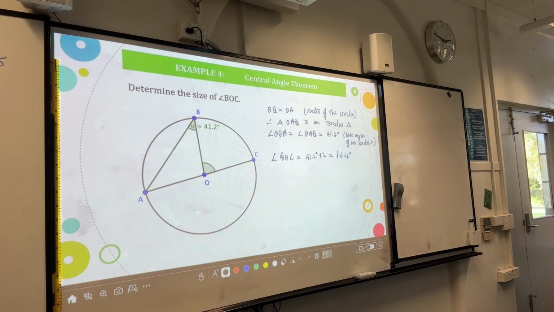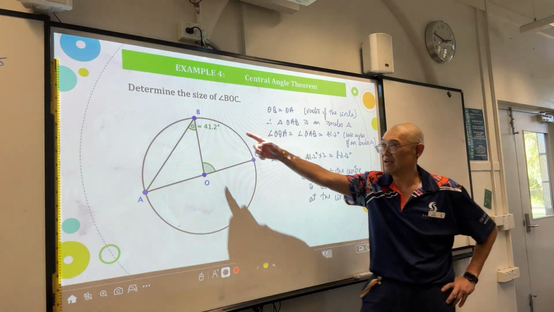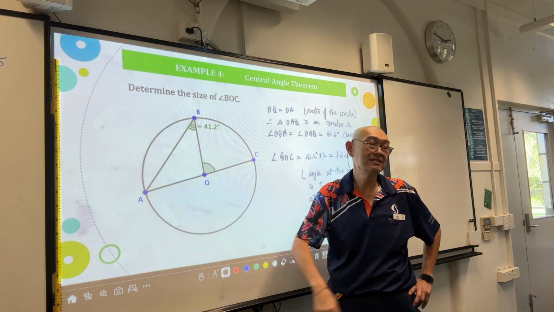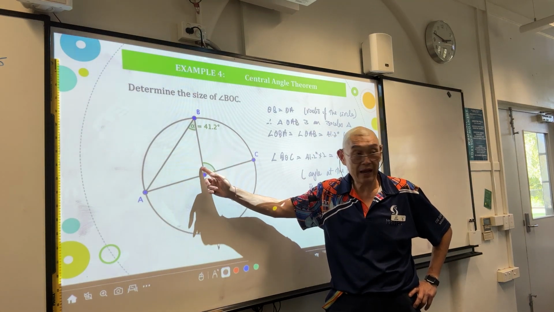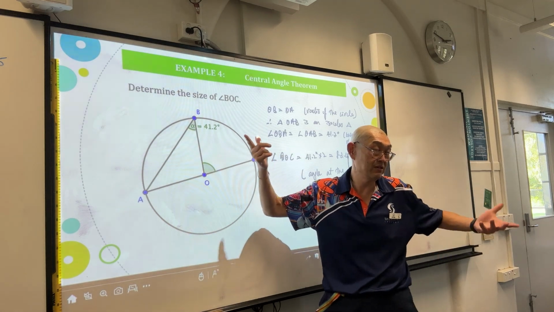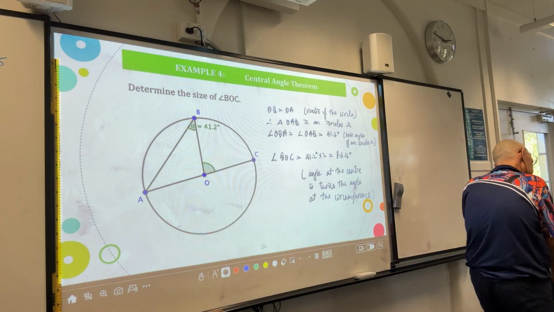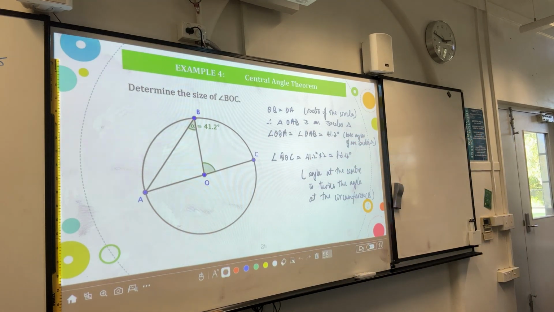Or if you don't want to use the central angle theorem, you can work out this angle, and then the sum of the angles in the triangle is 180 degrees, work this angle out. That's fine as well. Not an issue. Right, many ways of solving one problem.